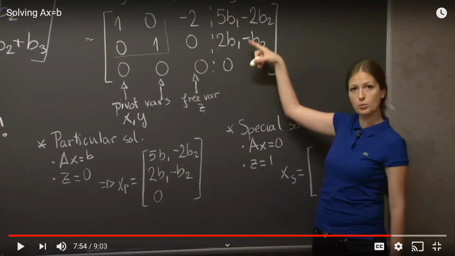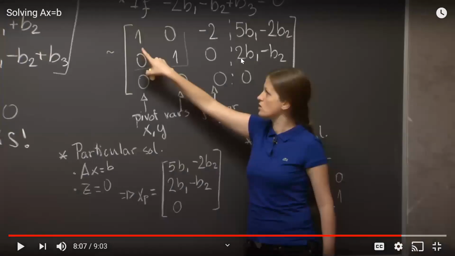Now our solution will become equal to, but keep in mind, these b's are not here because we have Ax equal to 0. So the special solution basically puts the right hand side equal to 0. So these all are zeros. So it's x minus 2 times z, and z is already 1. So x minus 2 equal to 0.